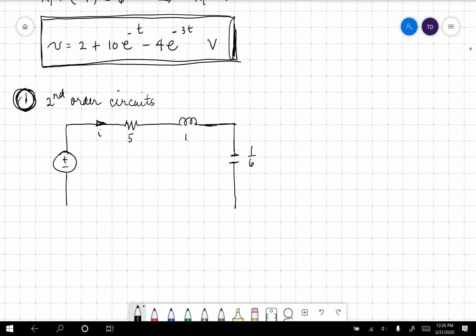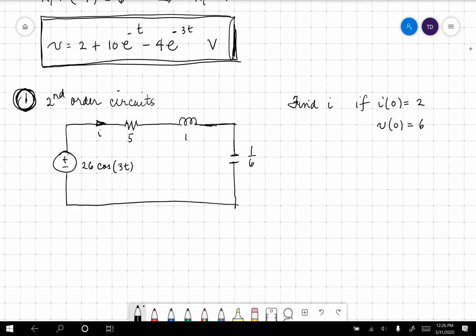Okay, that's our circuit, and our source is 26 cosine of 3t. And this says find I if I of 0 is equal to 2 and V of 0 is equal to 6.